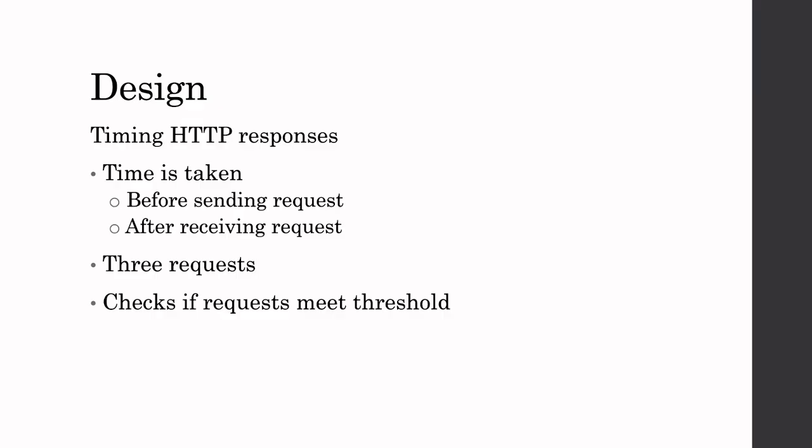Now, since it sends 3 requests, it has to do that 3 different times, and as mentioned prior in the challenges, it does have to check if these requests and the timing meet the threshold of being higher than the seed by a certain amount. And if it does, terrific, it gets saved into the seed pool, gets mutated off of in the future. If not, it just gets discarded and the fuzzer gets to try again.